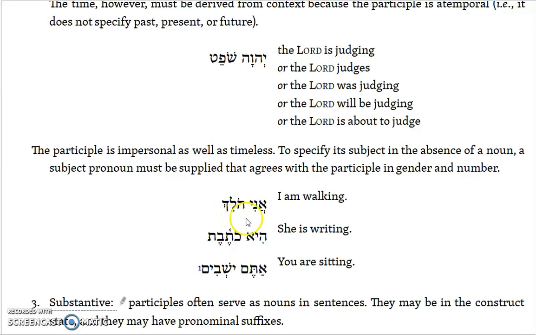You'd have to use the feminine participle if the I is feminine. If you say she is writing, well, that would be he kotevet. And here you have to use the feminine participle since she is a feminine pronoun.